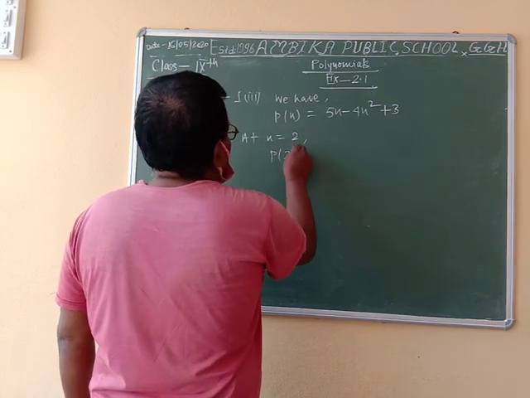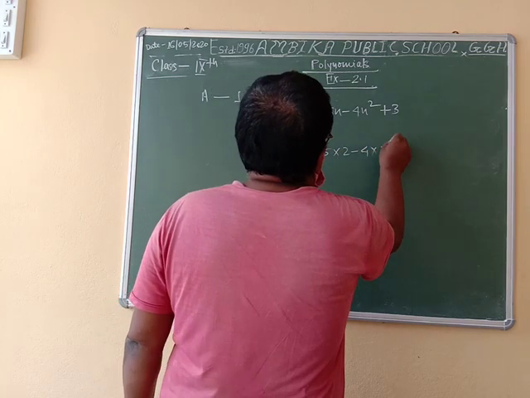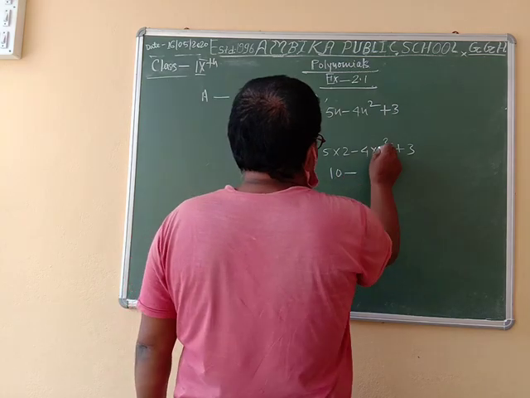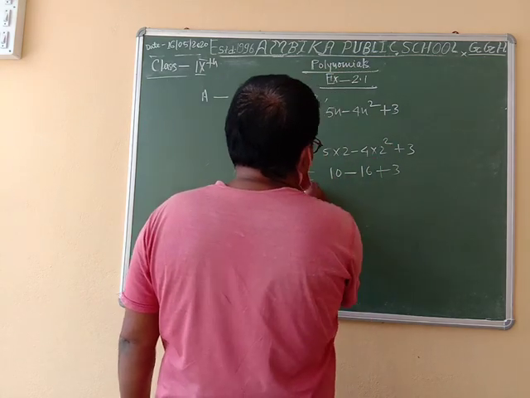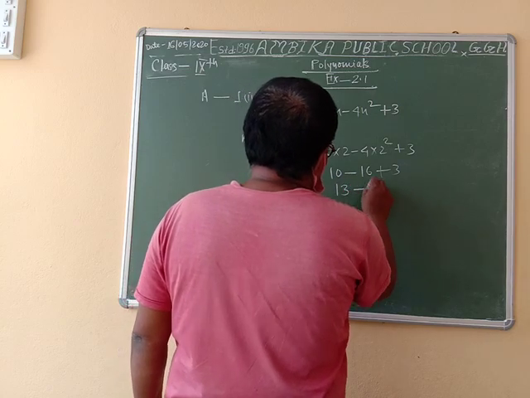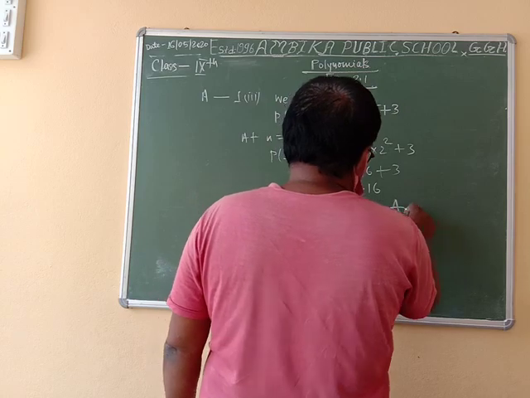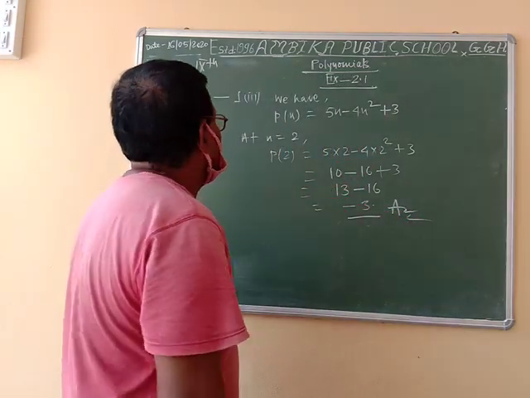P(2) बराबर 5 into 2 minus 4 into 2 square plus 3 is equal to 10 minus 16 plus 3 बराबर 13 minus 16 is equal to minus 3. Here I had committed a mistake.